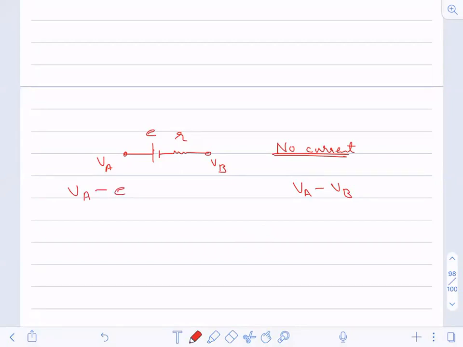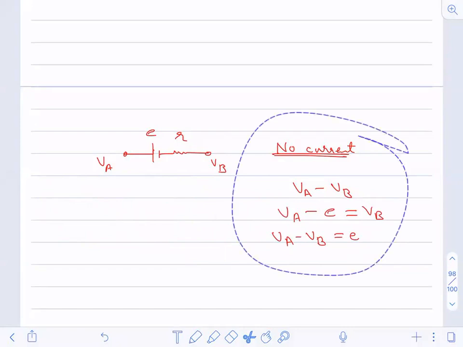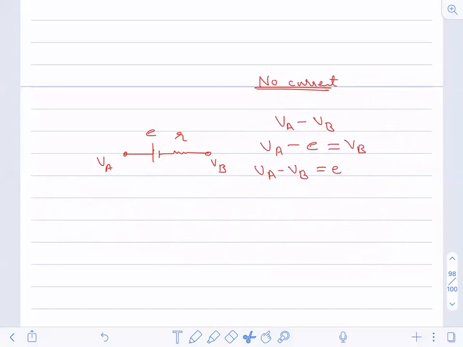Because there is no current flowing. So it will be equal to VB. So what is VA minus VB here? Is it equal to E? Yes. So this is what we have done for the first row.